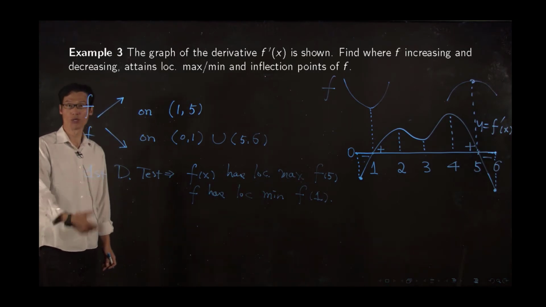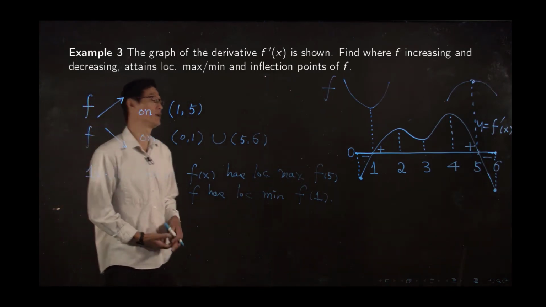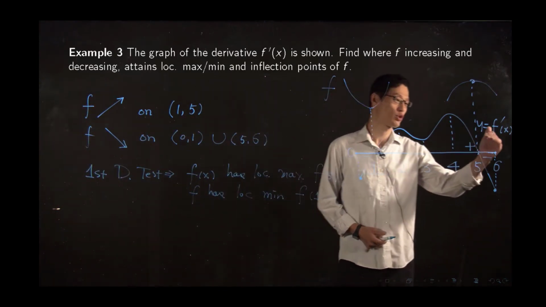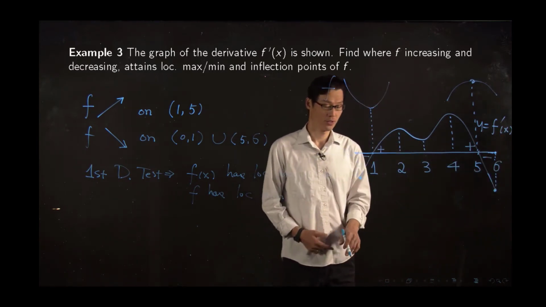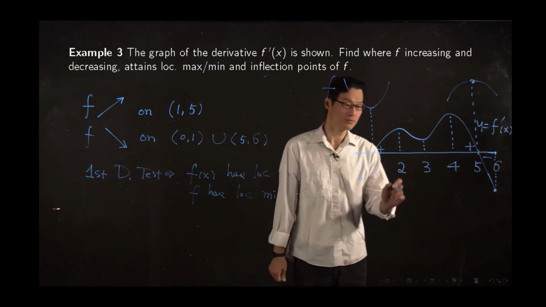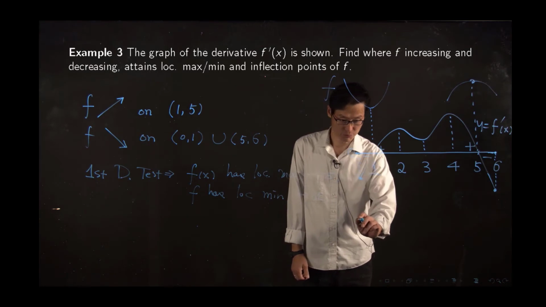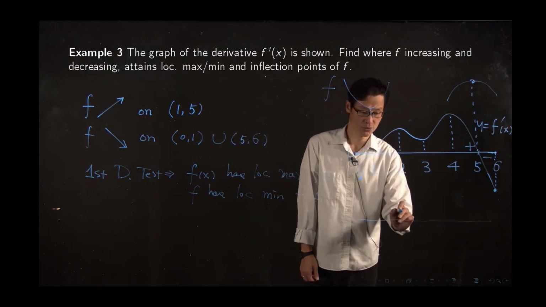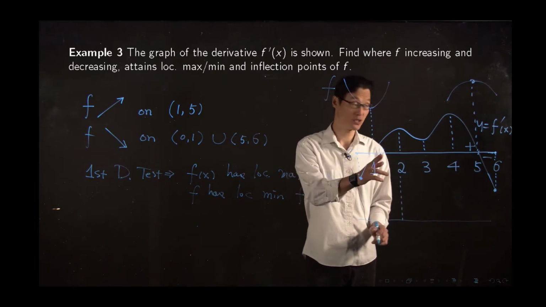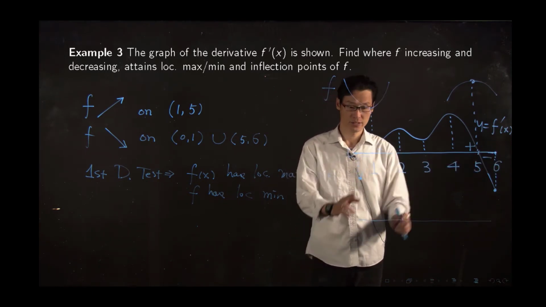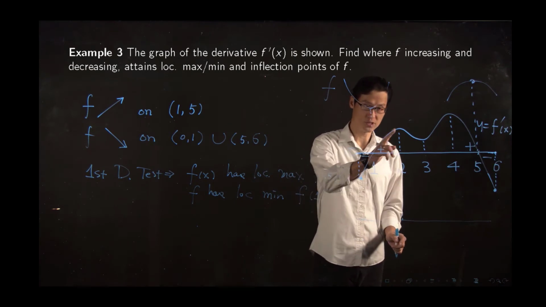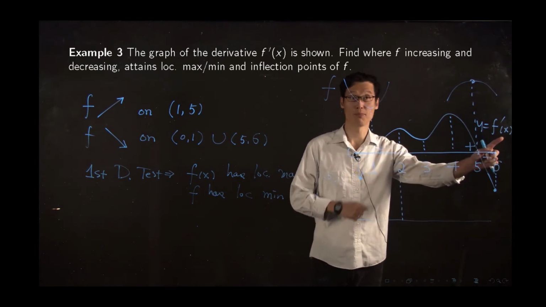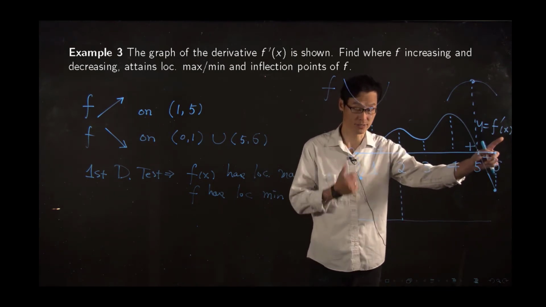For the inflection points, we need to know where f double prime changes its sign. So we can briefly sketch the graph. When you take the derivative of this guy, well, now that f prime is increasing, the derivative of this guy must be positive, right?